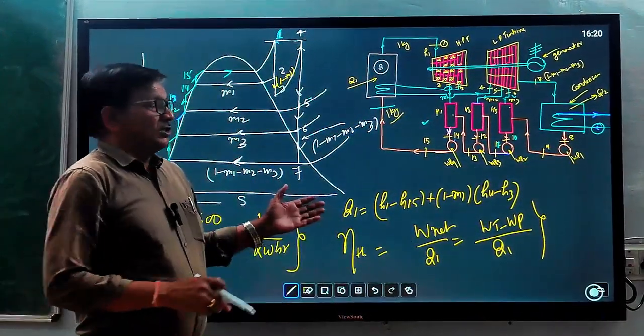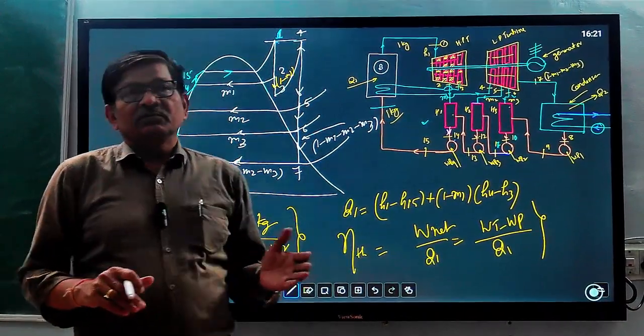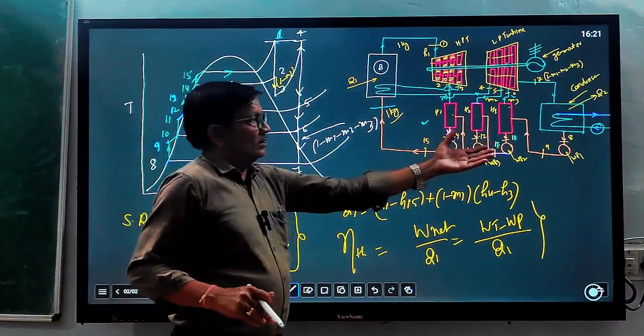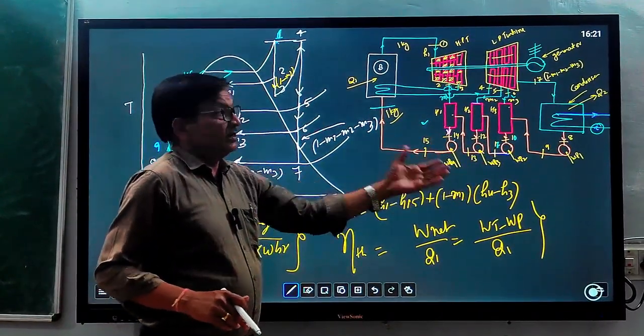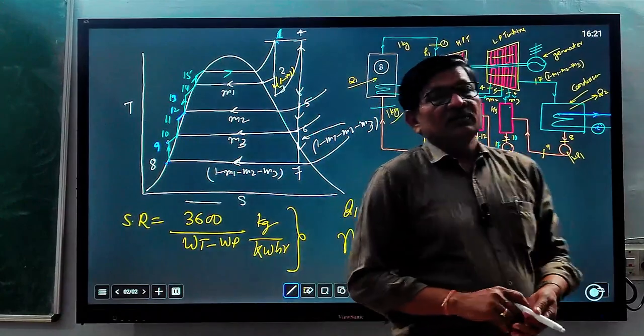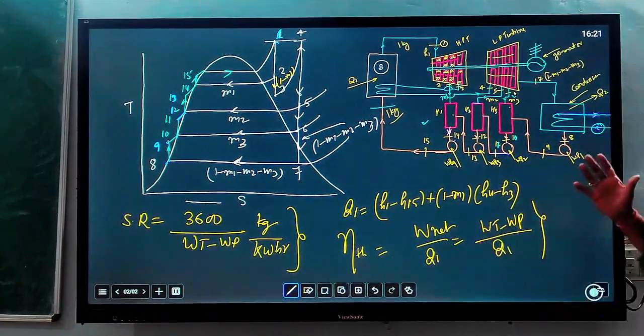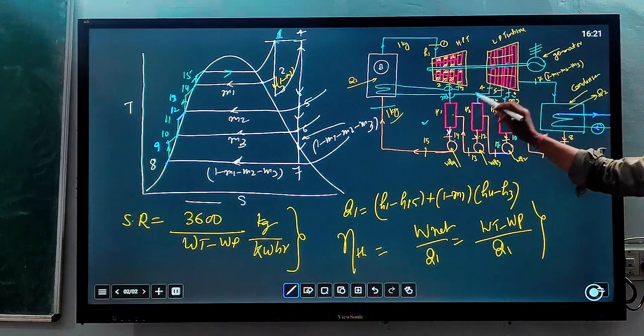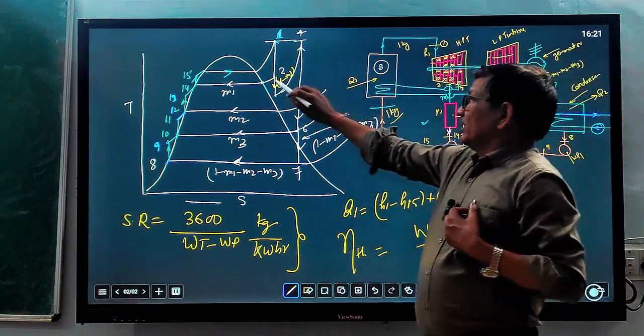This type of problem is a very complex one, because two turbines, three heaters and four pumps are there. But such questions are solved by using the Mollier chart. You have to see different values at different stages.